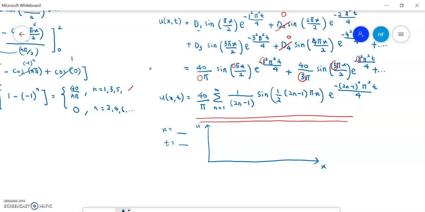So it means that the graph maybe shows something like this. So meaning that at the middle of the rod, the value of temperature equals this. So that is the meaning of this solution.